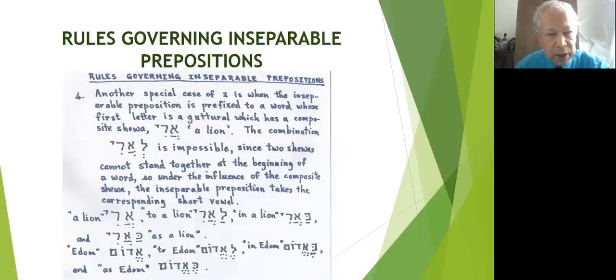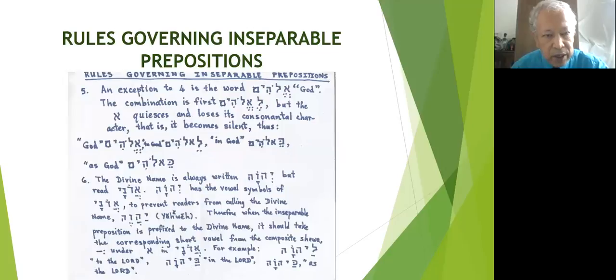You have another special case of when the inseparable preposition comes before a noun that has a composite shewa. The inseparable preposition takes the short vowel that is part of the composite shewa.